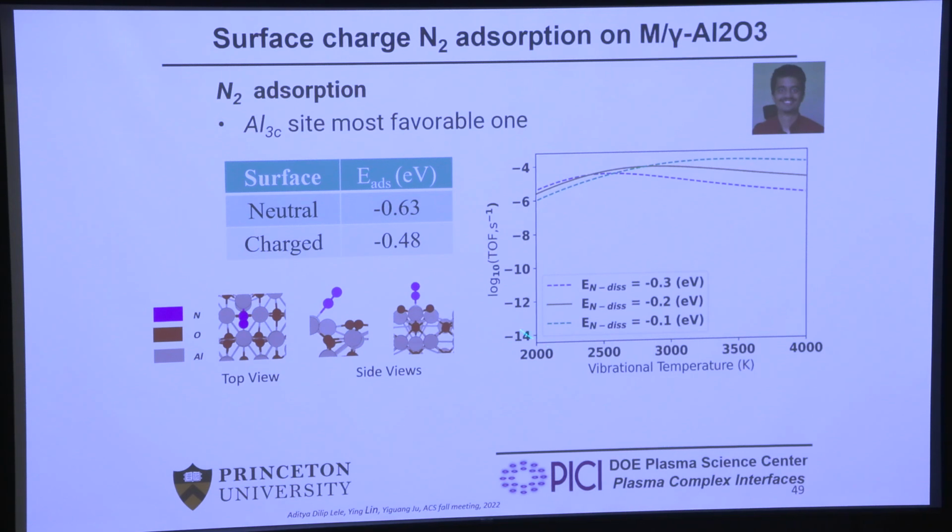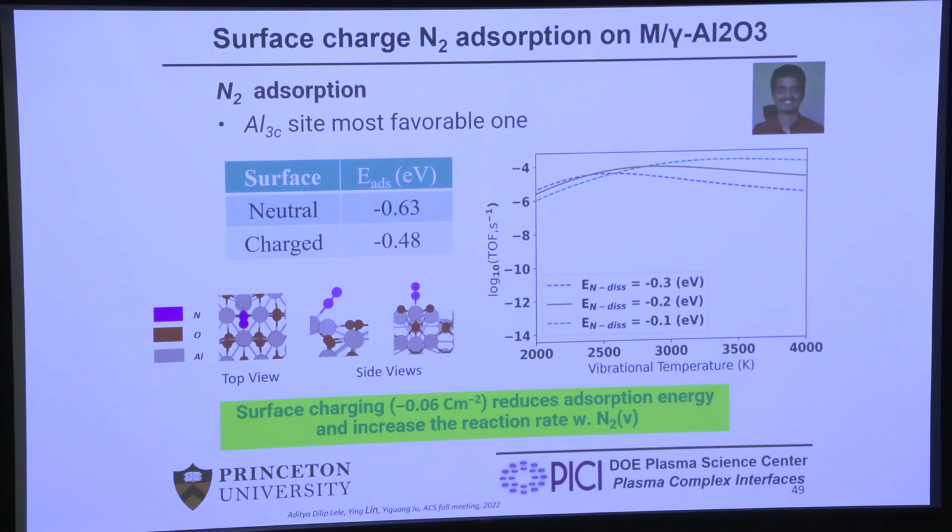If we simulate a catalytic reaction, the turnover frequency as a function of vibrational temperature, that means the charge coupling with the vibrational state of nitrogen, you are going to see the reaction turnover frequency go from 0.1 to 0.2, significantly improved by this surface charge. So the reaction rate increases with surface charge, which may provide another mechanism.